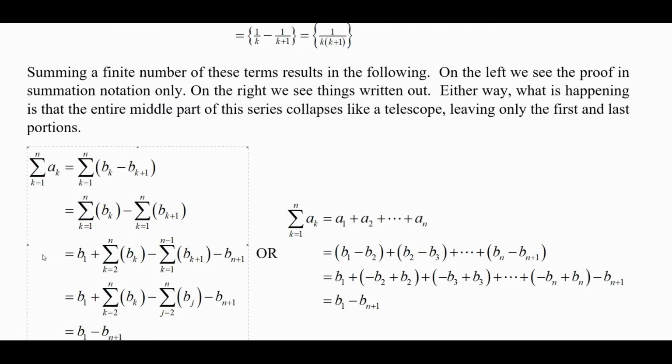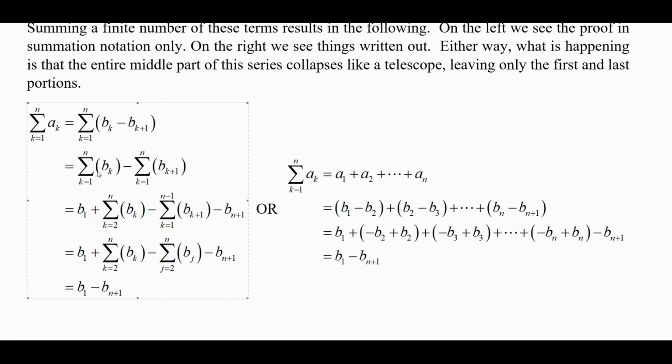This one on the left is using everything in summation notation, and it is grouping things a little bit differently, but boils down to the same thing. So the sum of a sub k from k equals 1 to n: replace the a sub k by b sub k minus b sub k plus 1. Break that into two sums like this, which really involves the associative and the commutative properties a bunch of times. Then notice if we take the first one off of this, that's b1, and this is summing from k equals 2 to n the b sub k's.